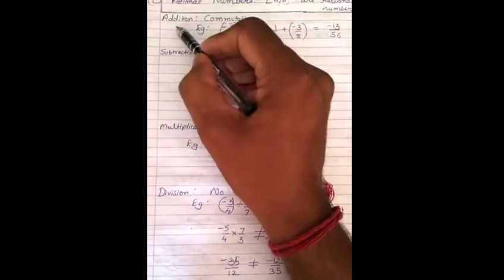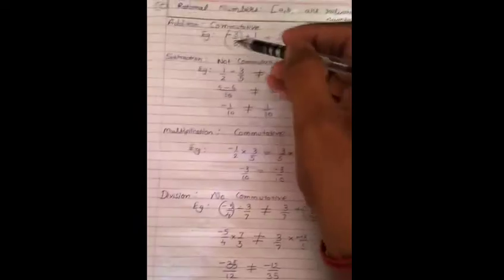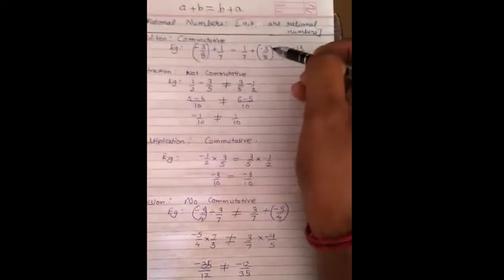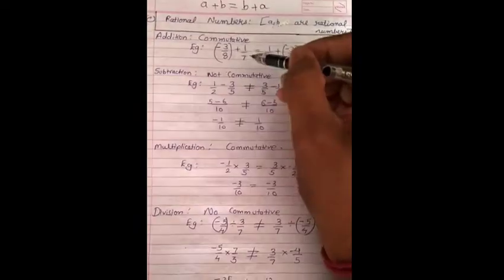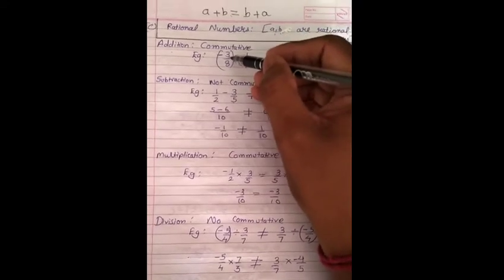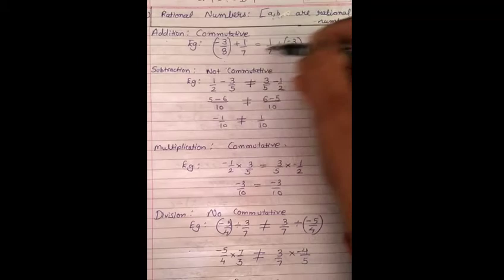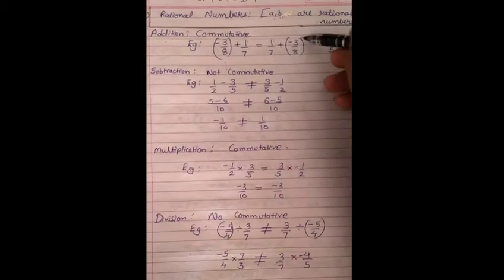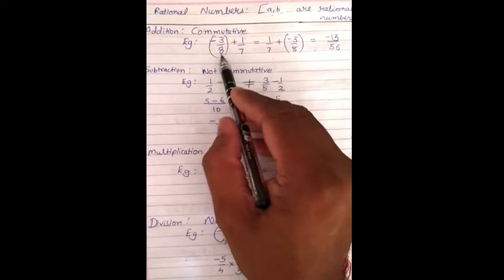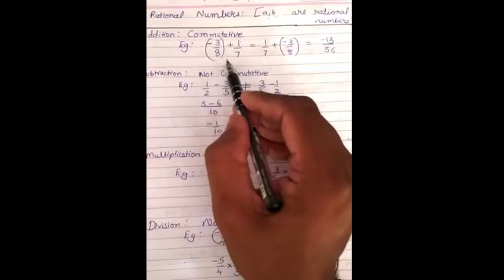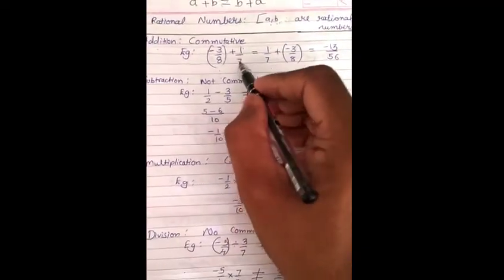Now under the head of addition it is commutative. How? See, what kind of number had I taken over here? The example which I had shown over here, only rational numbers. See, minus 3 upon 8 is a rational number, added to 1 upon 7. In the same way, 1 upon 7 added to minus 3 upon 8. Now see here, LCM of both, 7 8s are 56, both are prime factors.